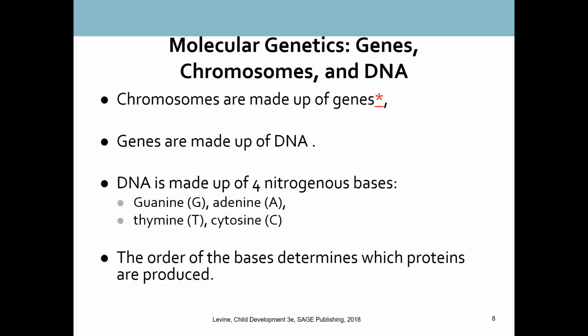It's a thread-like structure. If you could unravel a single chromosome, it would be like a huge thread, segments of it would be your genes, and the actual thread would be the DNA.